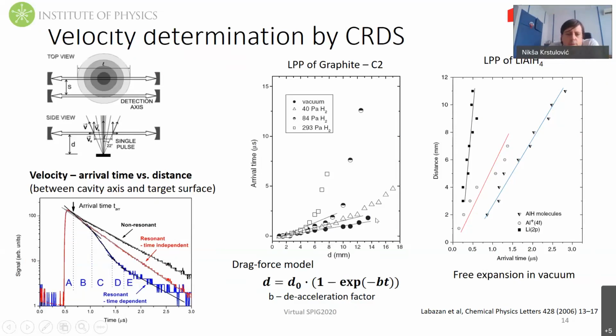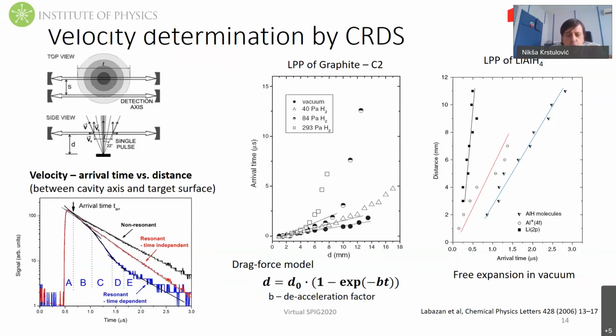We can do it for ablation under some background pressures. Here is the case of ablation of graphite into an atmosphere of H2 molecules for different pressures. And we can see here that there is some saturation, so there is some distance which particles may reach, and after that there is no plasma actually.